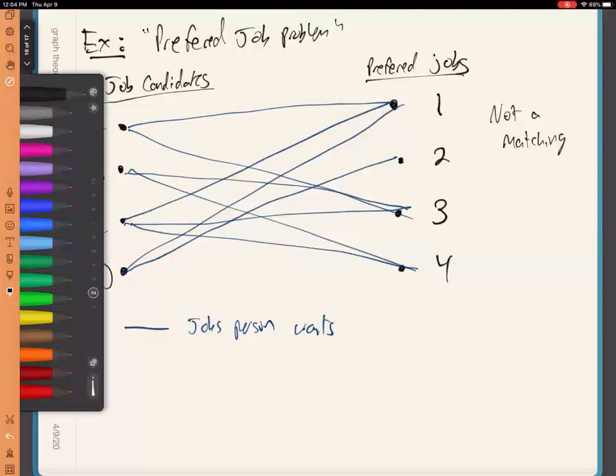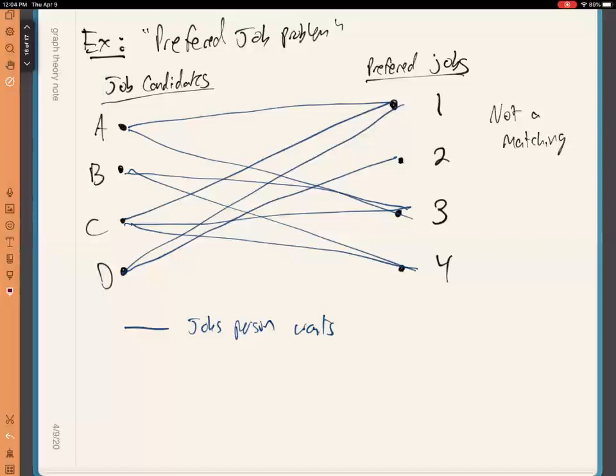And so, let me make this a matching by assigning a job to each person so that no job has more than one person assigned to it. We'll notice there's only one person who wants job 2, and that's person D. So let me assign D to job 2.